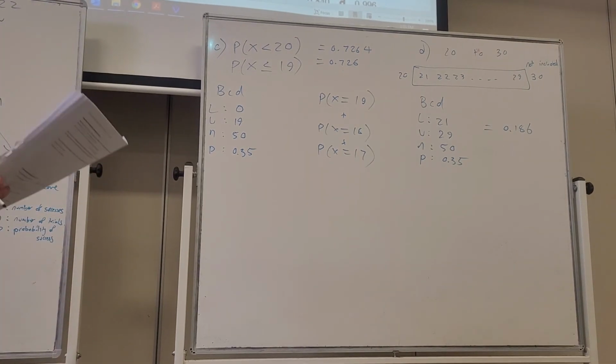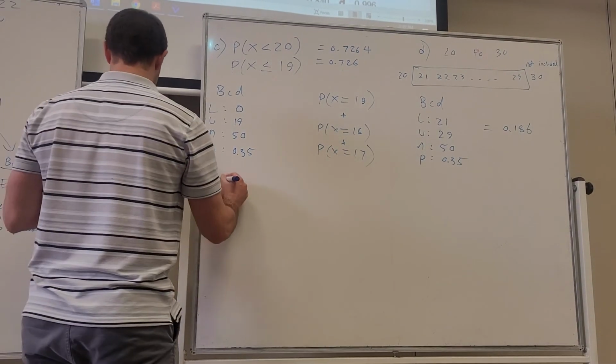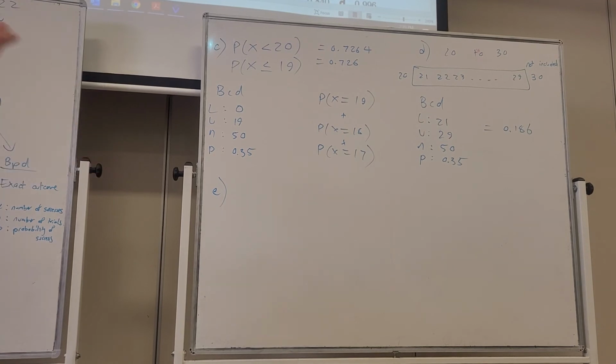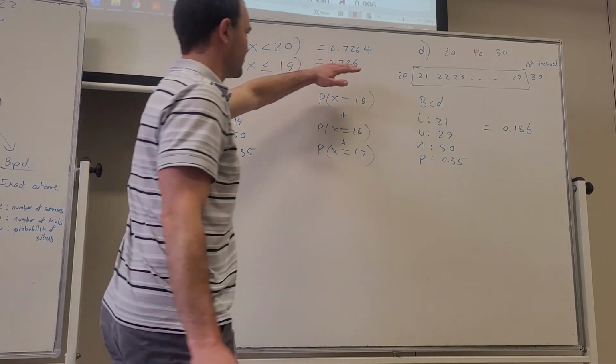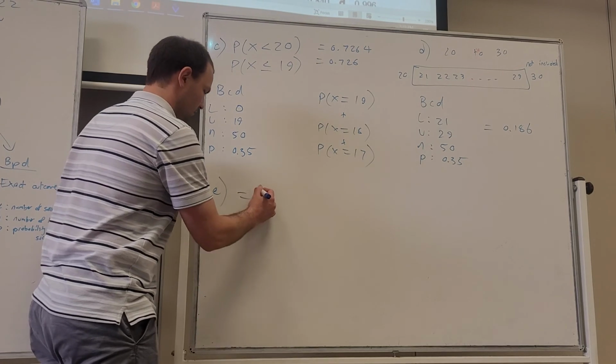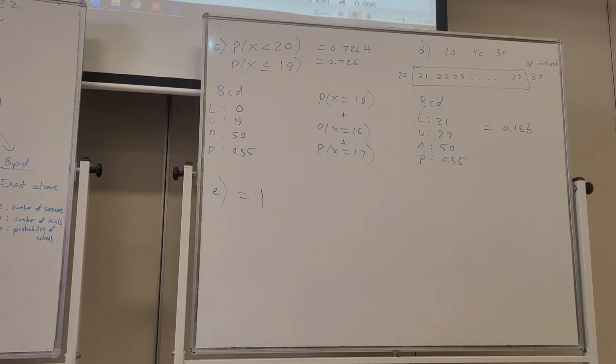Okay, part E. What is the significance of the sum of your results to part A, part B, and part C? So if you went part A, plus part B, plus part C. Who wants to have a guess what we're going to get? 1. Why? Because the sum of all events is 1. What are we doing there?